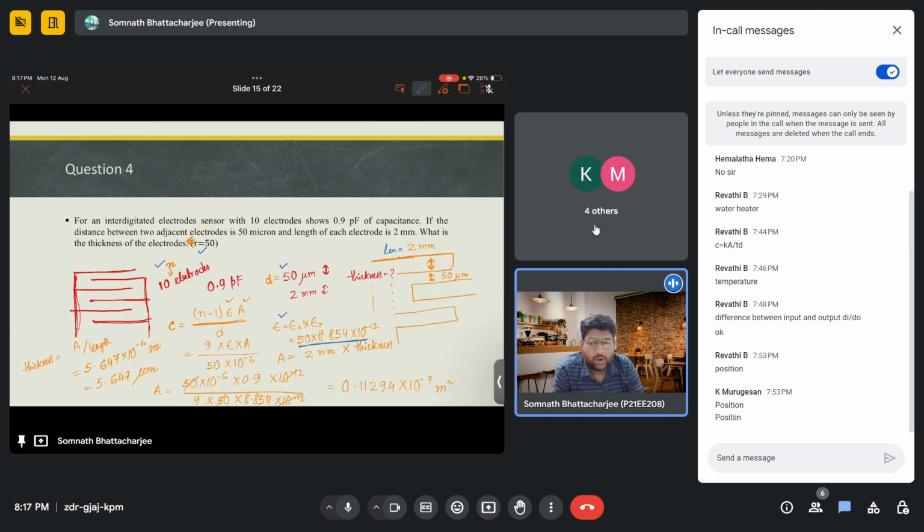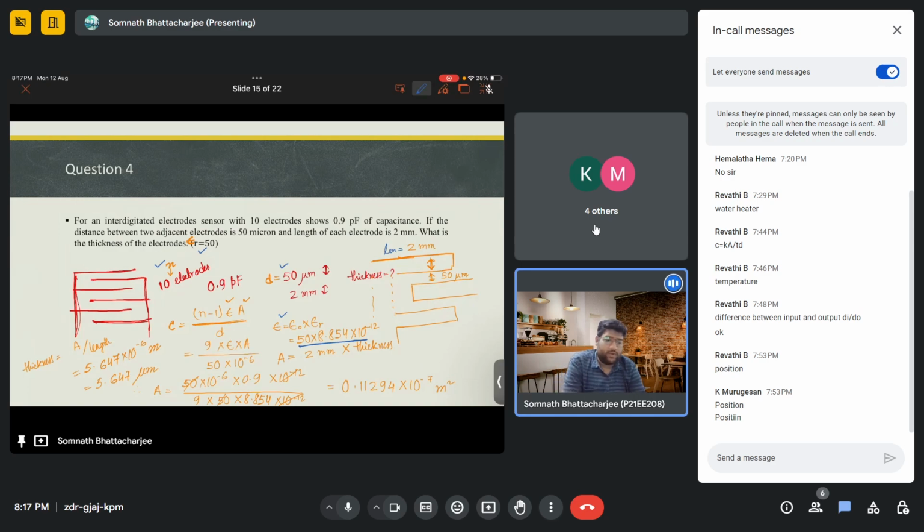The capacitance is n minus 1 into epsilon into a by d. We know d, we know n minus 1, that is 9, and we know epsilon right now. So we have calculated the value of a, and after that, a is nothing but length into thickness. So the value will be this.